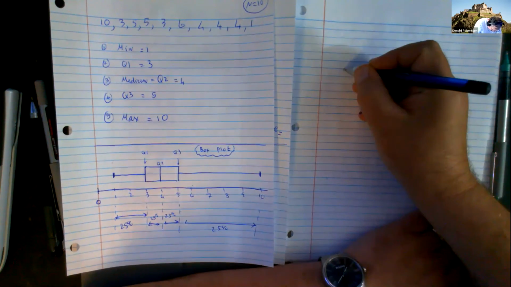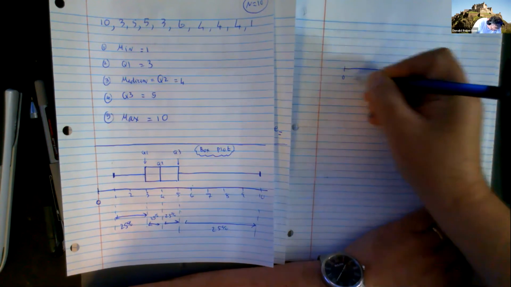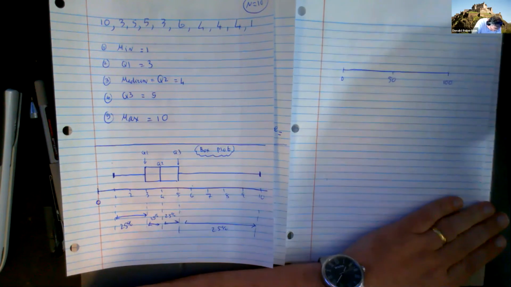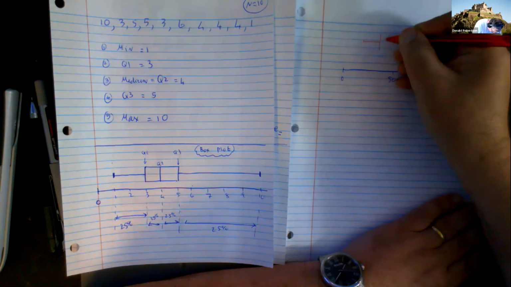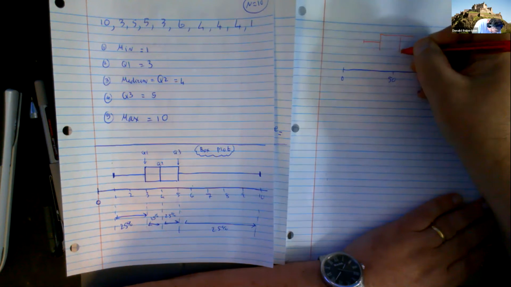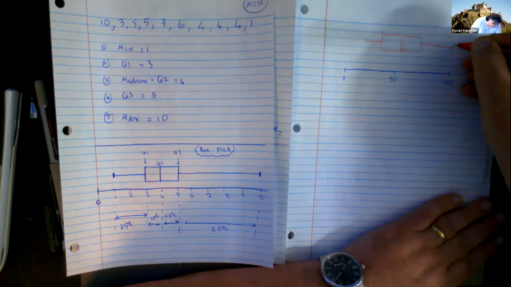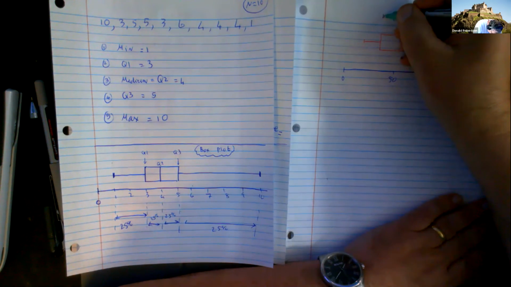Suppose I had 2 classes, from 0 to 100, obviously 50 in the middle. The first class had a box plot that looked like this, and we don't need to worry too much about the specifics of the numbers. And the second one had a box plot that looked like this.